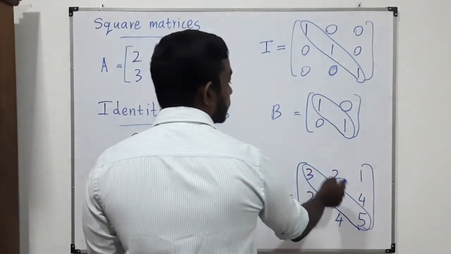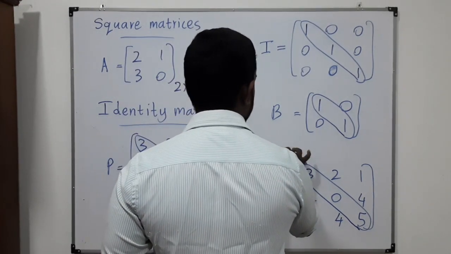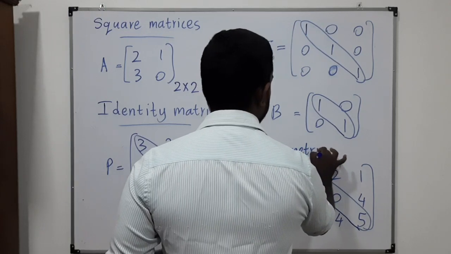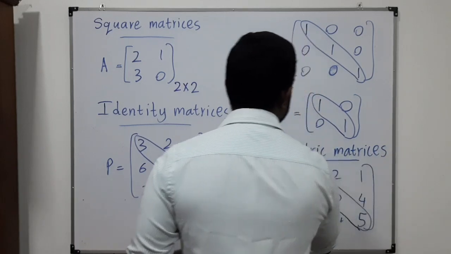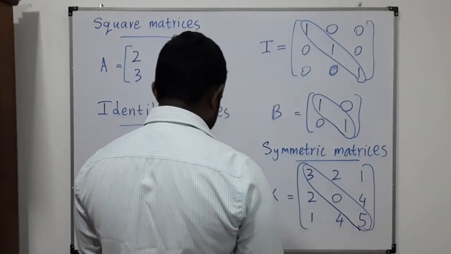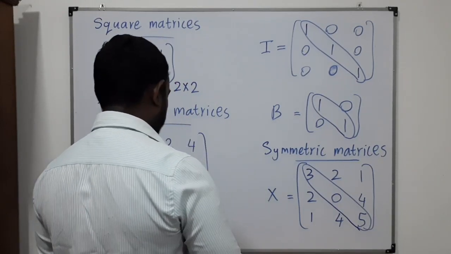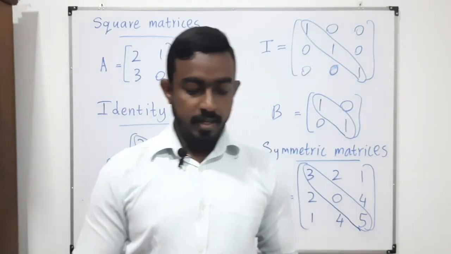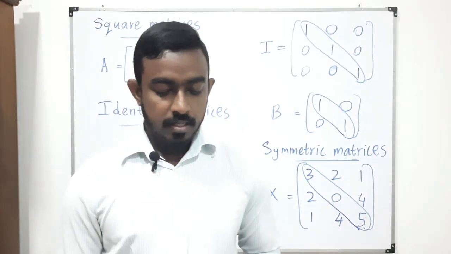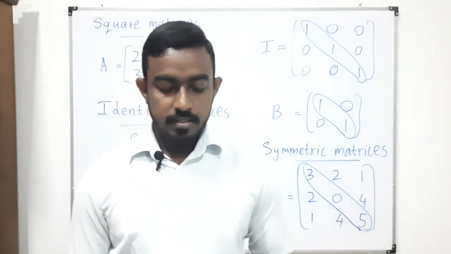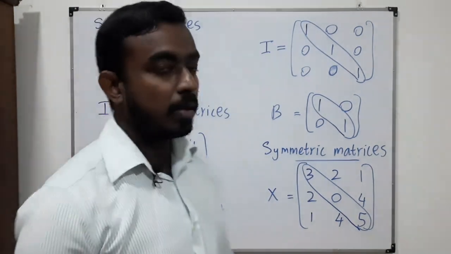So this kind of matrix is known as a symmetric matrix. The elements around the main diagonal which are equal to each other are placed symmetrically. So about the main diagonal, such matrices are known as symmetric matrices. So it is very easy to remember these.